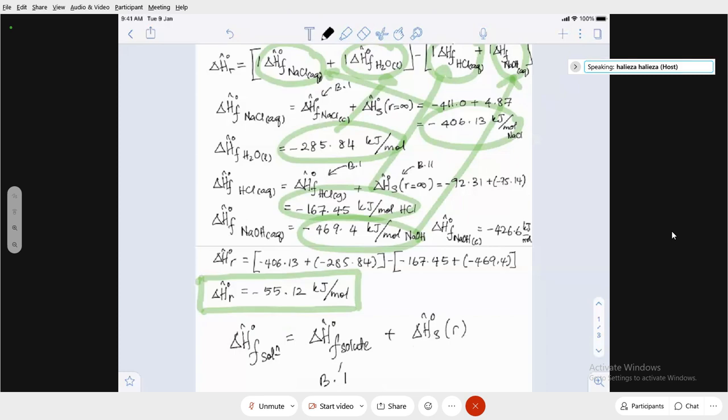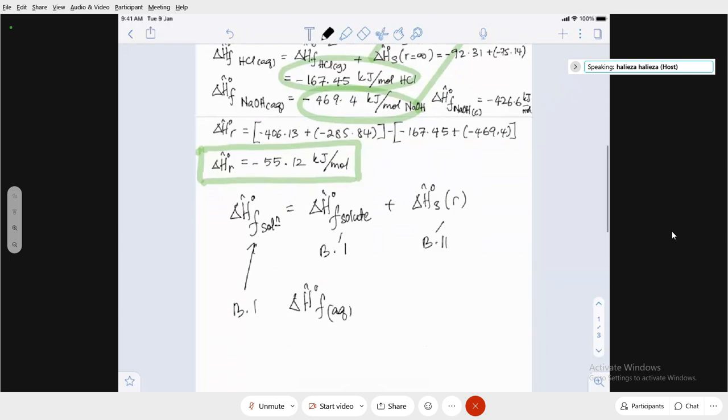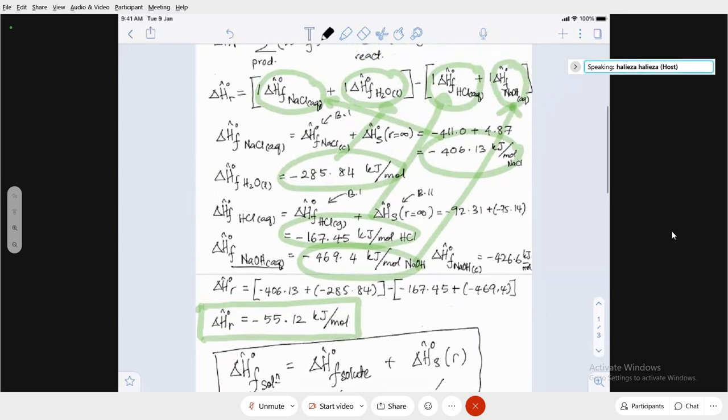You can also get it from appendix B1 if it's available, listed as heat of formation of your aqueous solution. You can get it directly. That's how you solve for heat of formation. Either you use this equation, or you get it directly from appendix B1, like what we just did for sodium hydroxide. We got this value directly from appendix B1.